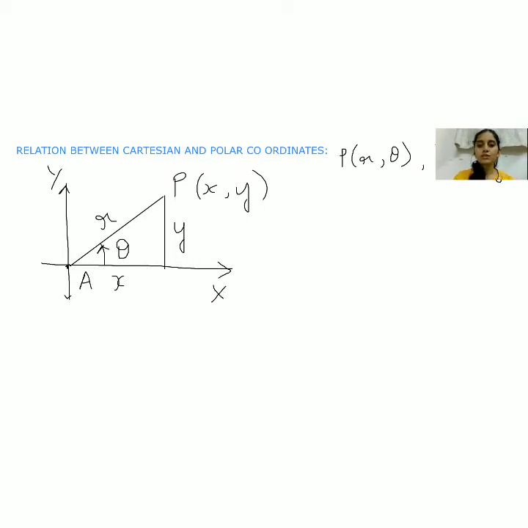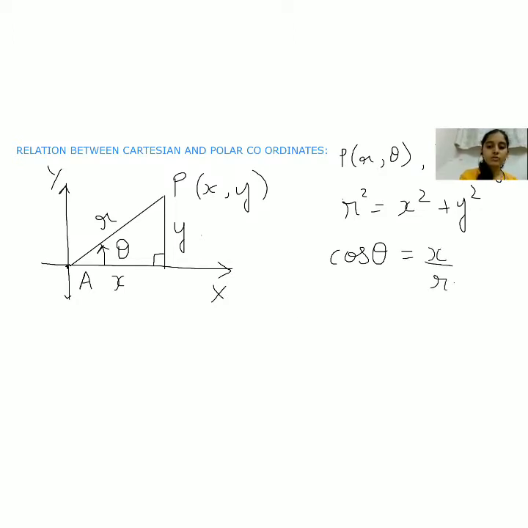So let us start from this triangle. This is your 90-degree angle over here. Then we can write r square is equal to x square plus y square. This is by Pythagoras theorem. Also, cos theta is adjacent upon hypotenuse, so x upon r.